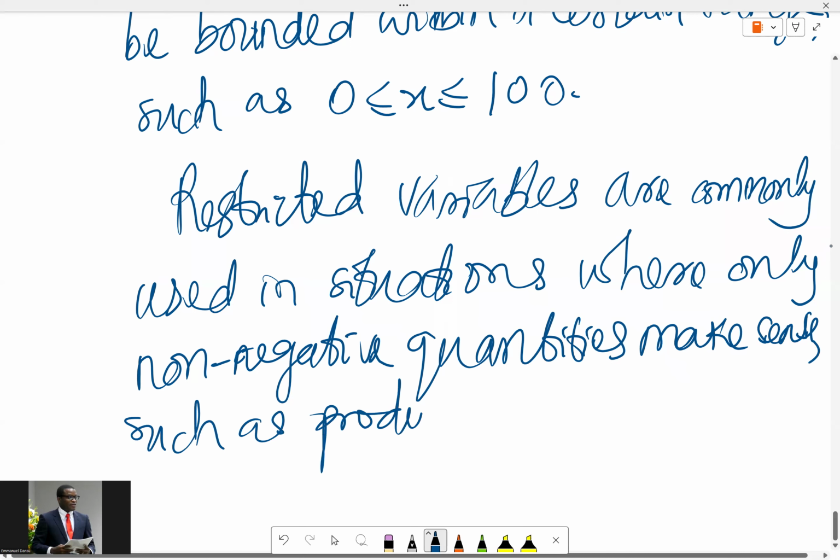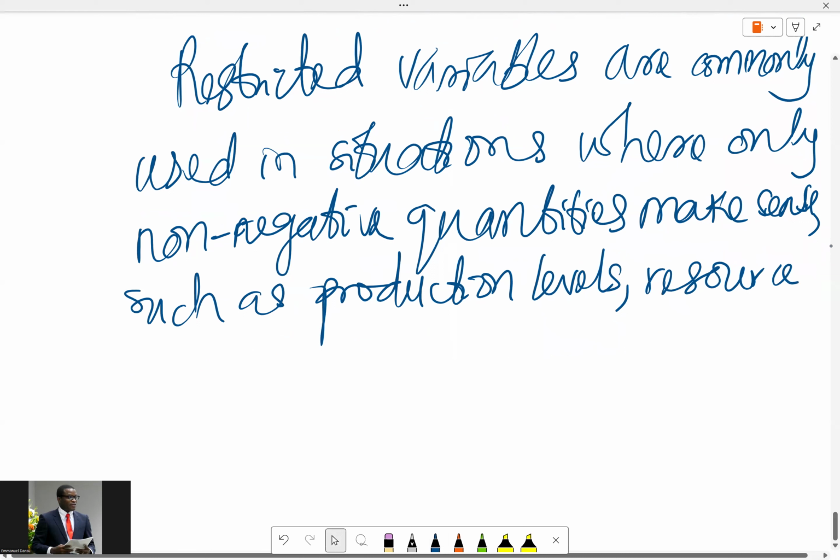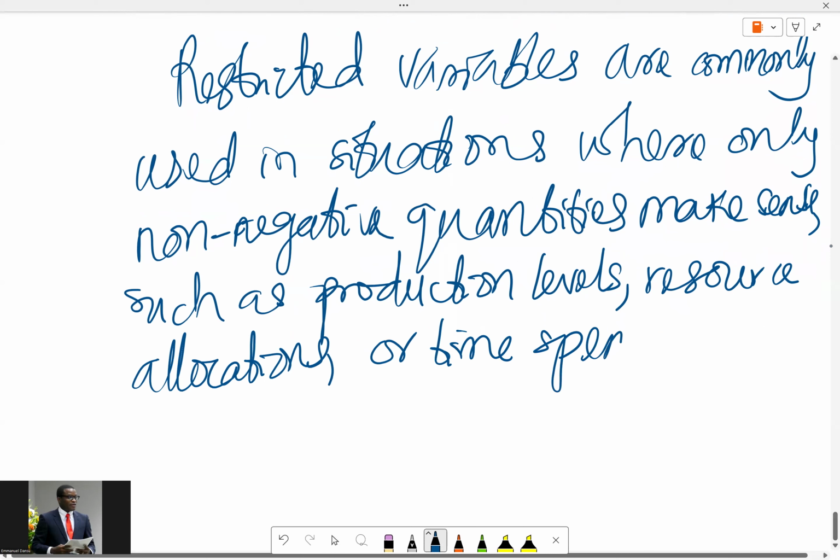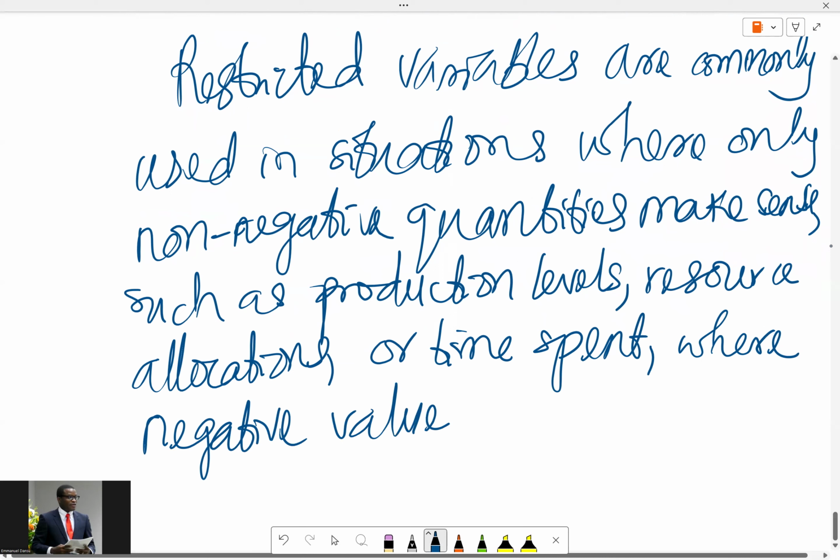You can't say you produced minus 10 products. Others are resource allocations, human populations, or time spent. Time spent cannot be negative, so negative values would not be realistic.